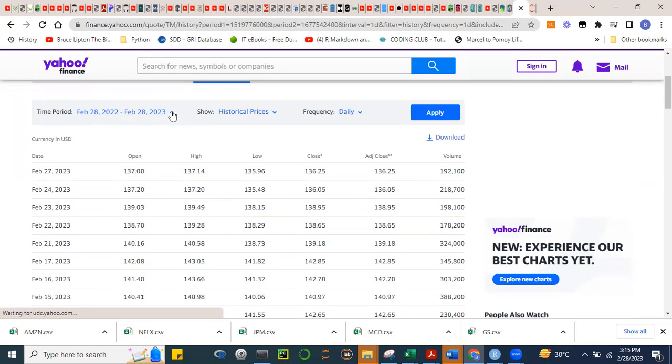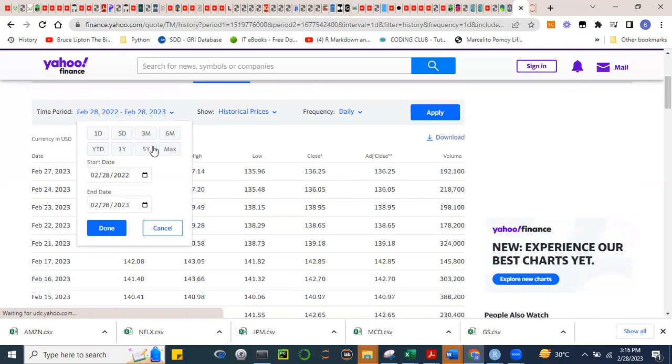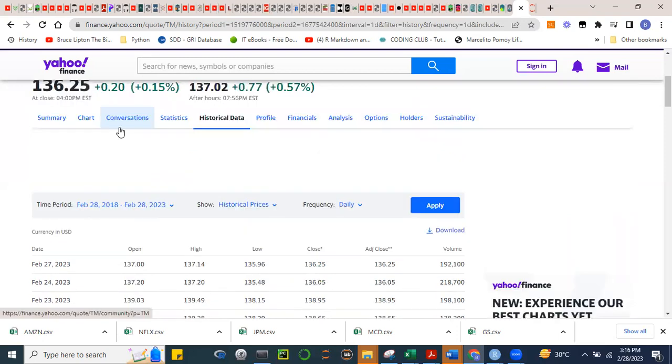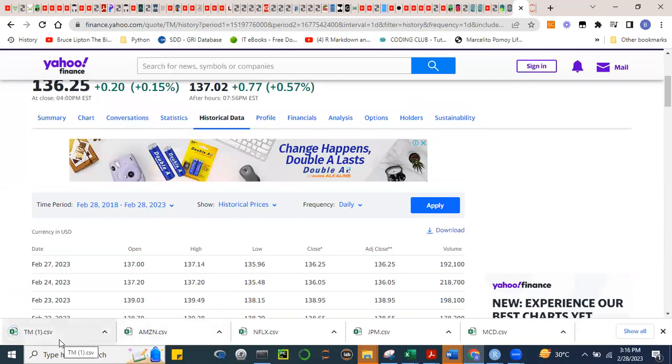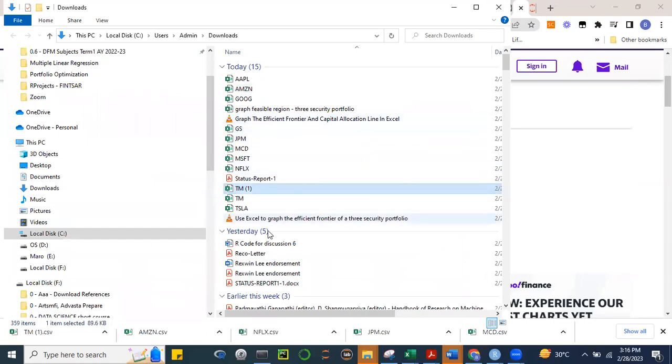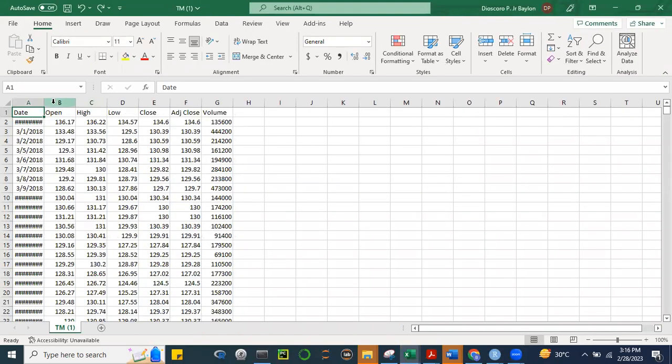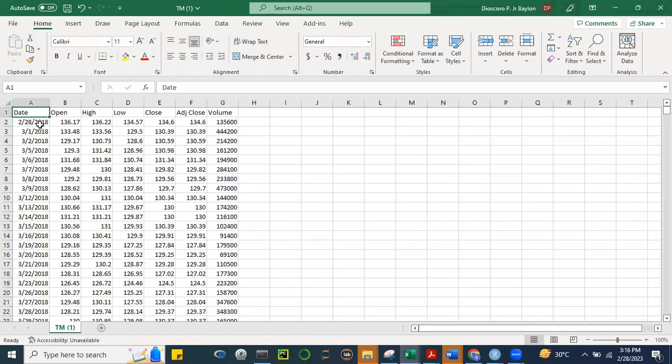Does that mean it's impossible? It's Toyota. It's complete for me, so maybe it's the downloading of the data. Complete for you? Okay, I'll download it. Let me check. TM1. This one. Okay, this is fine now.